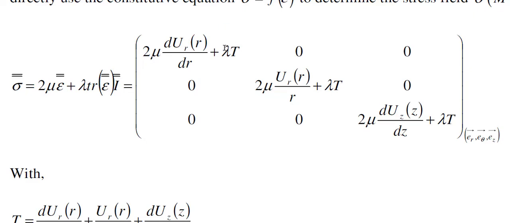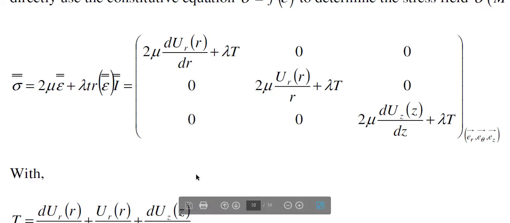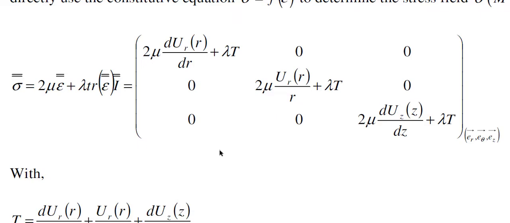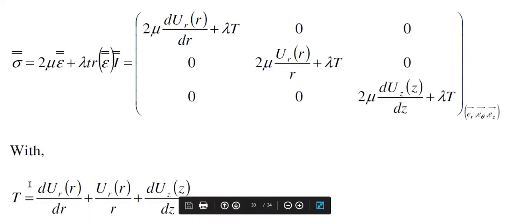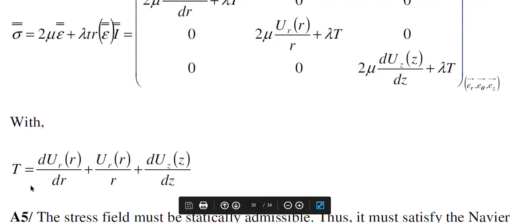Here, T represents the trace of epsilon. The trace is the sum of the diagonal terms of a tensor, so T here is the sum of the diagonal terms of the linearized deformation tensor.